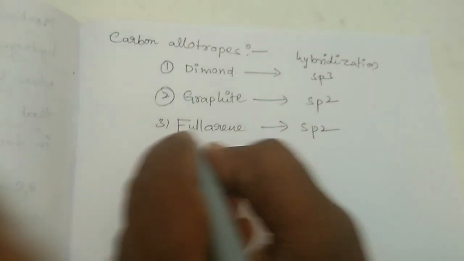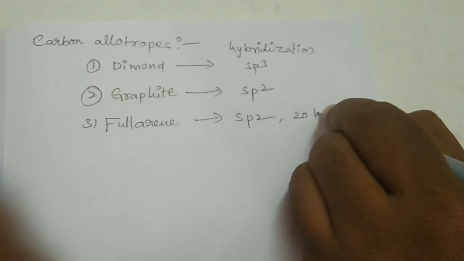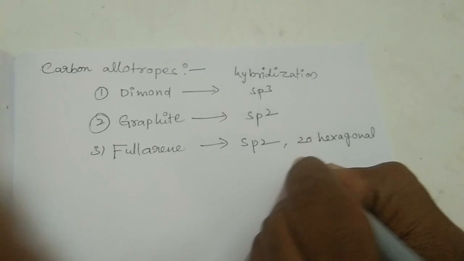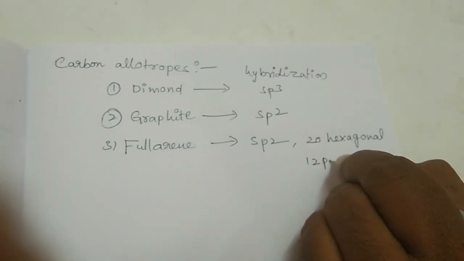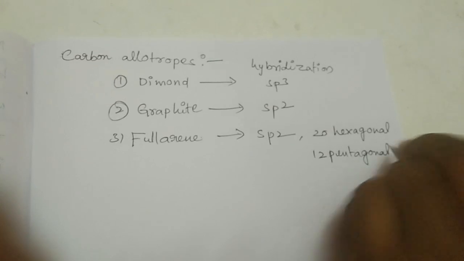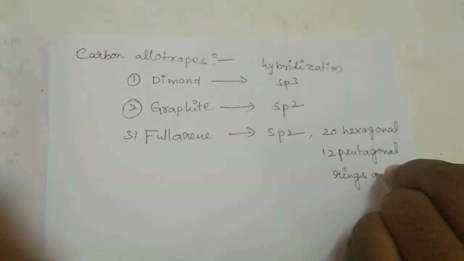In fullerene, 20 hexagonal and 12 pentagonal rings are present.